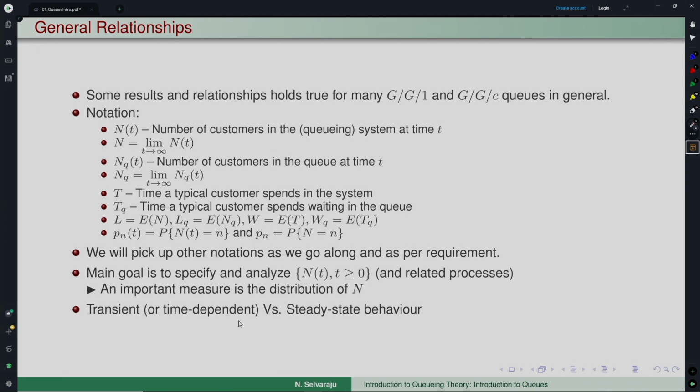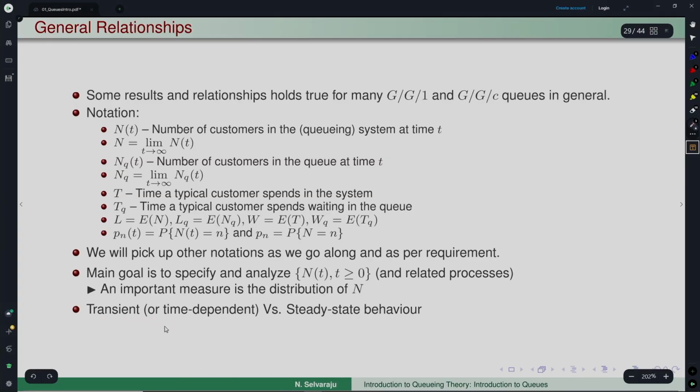Many a time, though, knowing only the steady state behavior alone does not give you the complete picture of what is going on in the system, because there are many systems which never reach a steady state, and how they explode in some sense can be studied only if you know the transient solution. So, there are reasons why one needs transient analysis, but we will not go into those aspects; our concern would be the steady state behaviors.